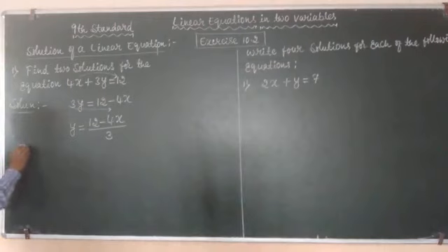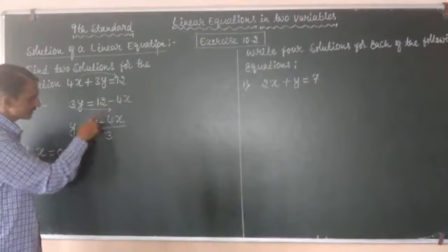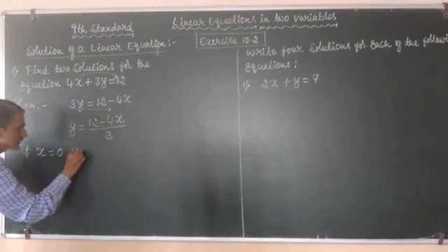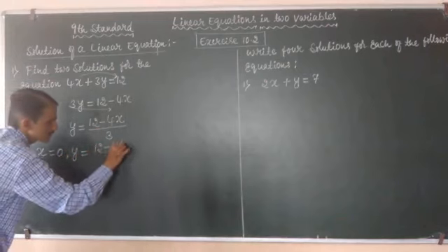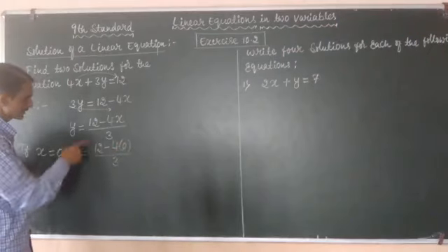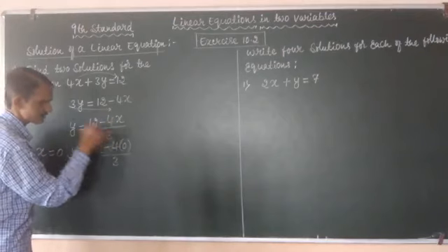So here x equals 0. Substitute x equals 0 in this equation. So it will become y equals (12 minus 4 into 0) by 3. Just write 12 as it is, minus 4 into, in place of x, write 0.